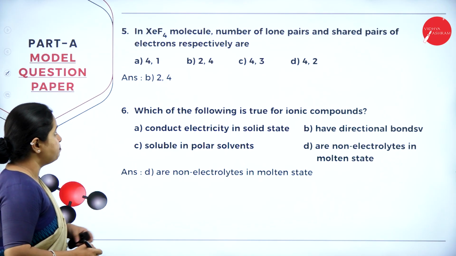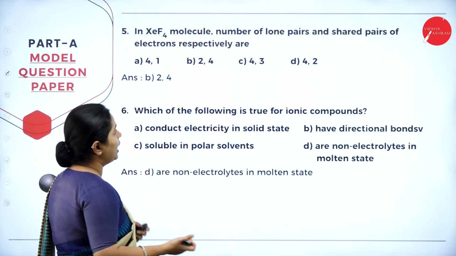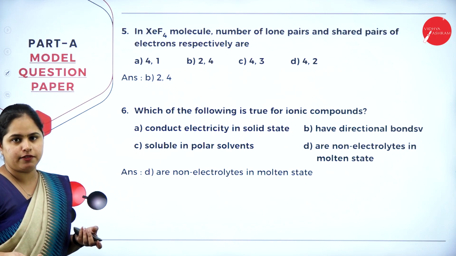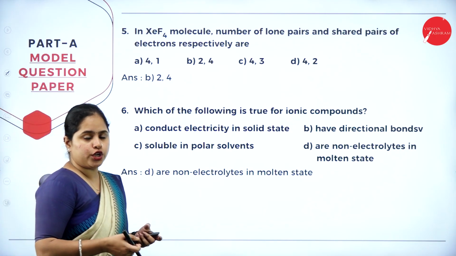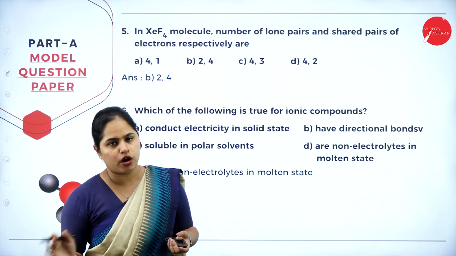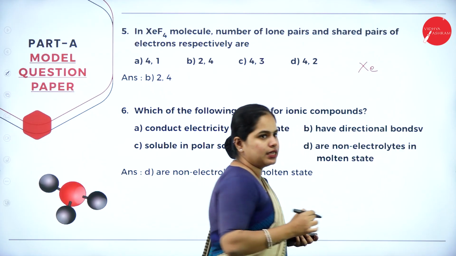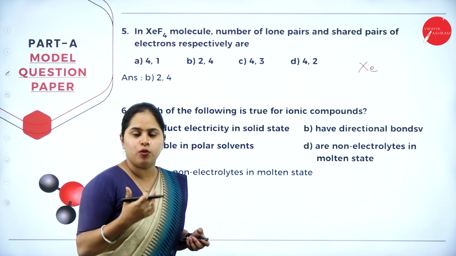Moving on to the next question. In the XeF4 molecule, the number of lone pairs and shared pairs of electrons respectively are? We have to find out how many lone pairs and how many bond pairs there are. Xenon, as you know, is a noble gas, and it has 8 valence electrons.